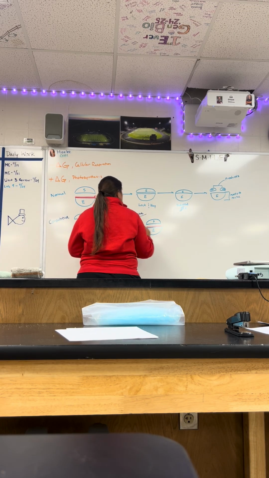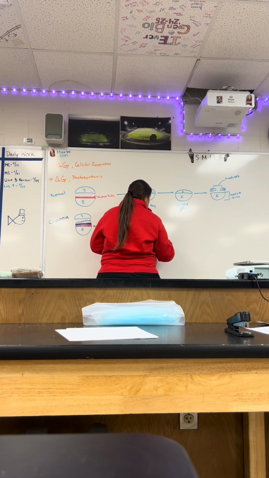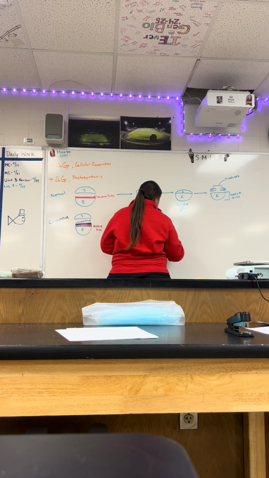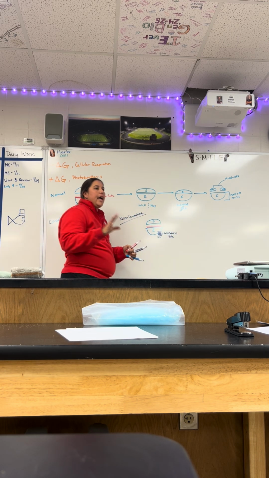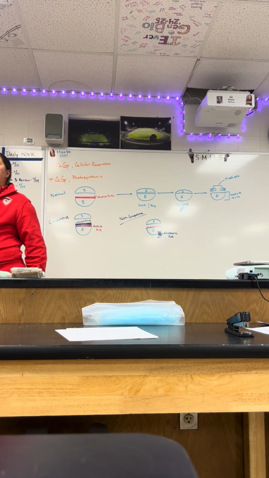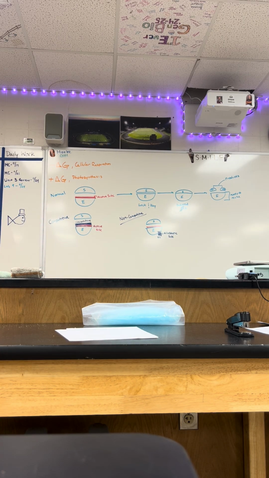But in non-competitive, it binds to an allosteric site. All an allosteric site is saying is it's a site other than the active site. It binds somewhere other than the active site. You can see it's like literally attached to the side.